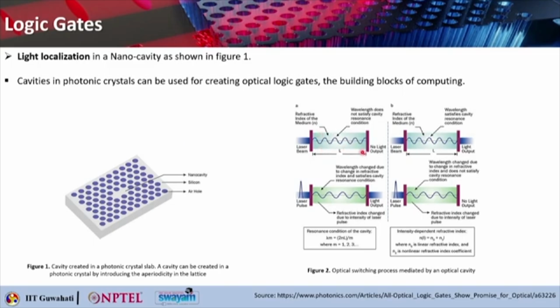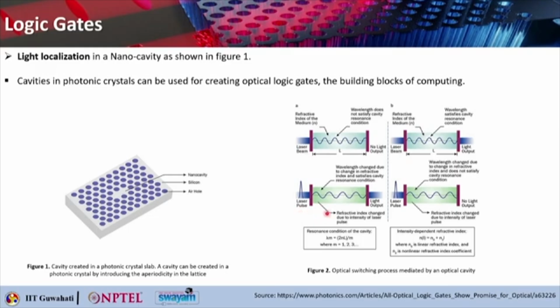And this cavity length at this refractive index does not support the cavity resonance condition, so you do not have any light output. But what happens when you put a laser pulse which has a much larger intensity?